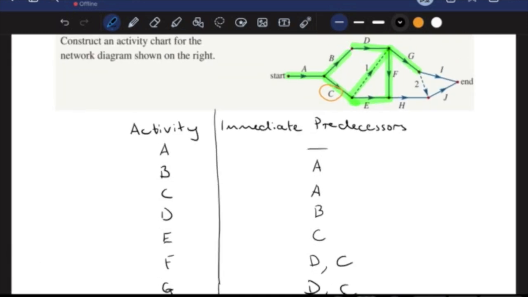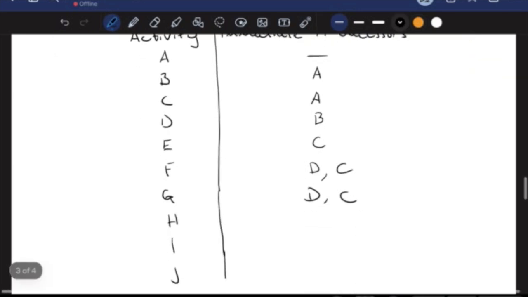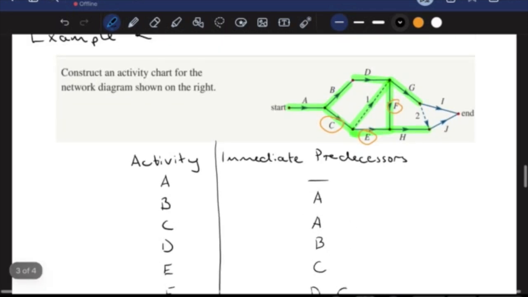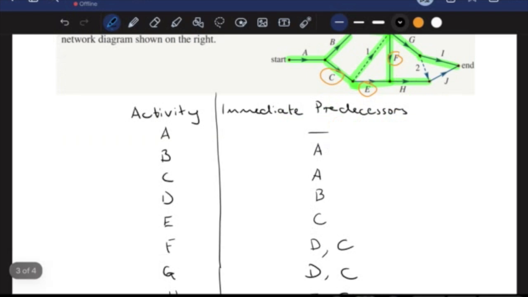Now, moving on, we go to H, and before H we've got E and F. Hopefully you can see that by looking at it: E comes before H, and F also comes before it too. So we're going to write E and F. Moving right along, I has an immediate predecessor of only G. That's pretty easy, thankfully.